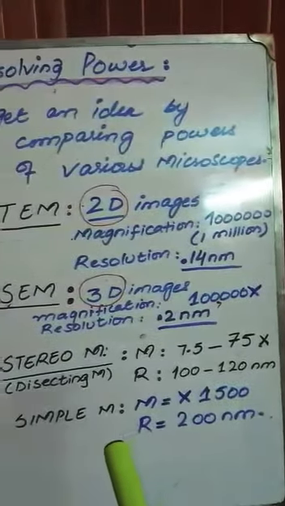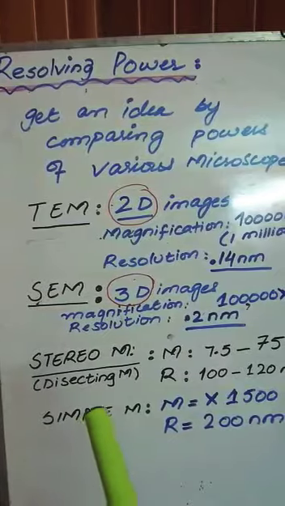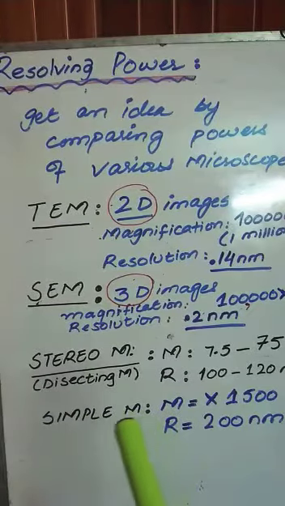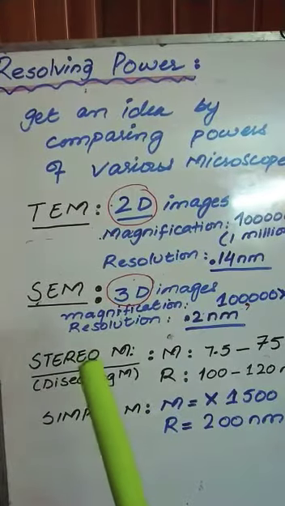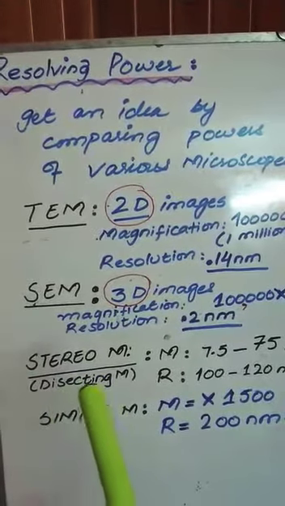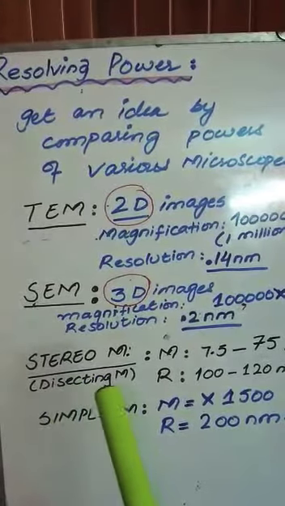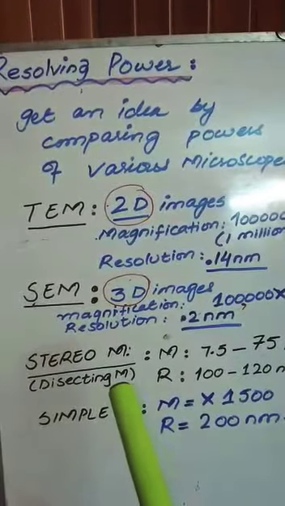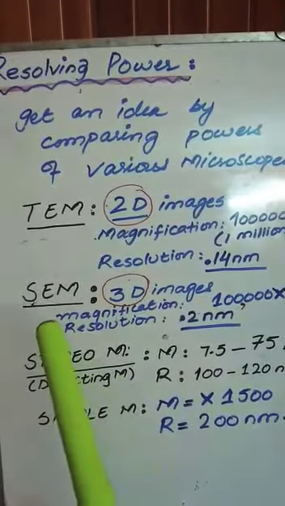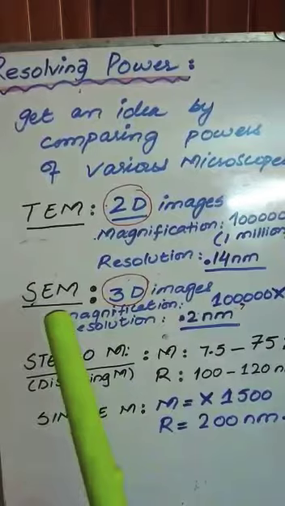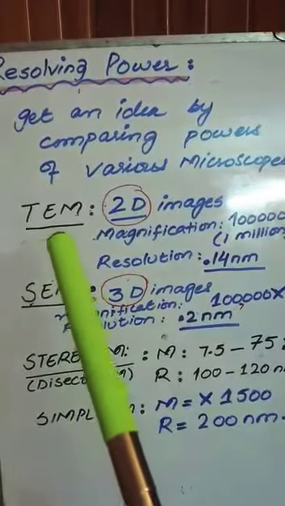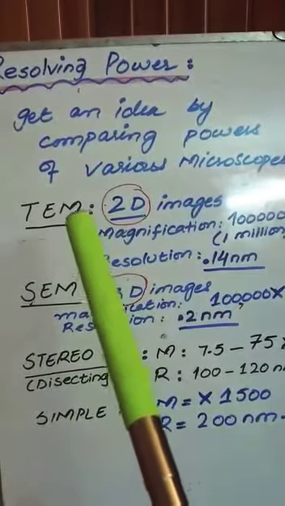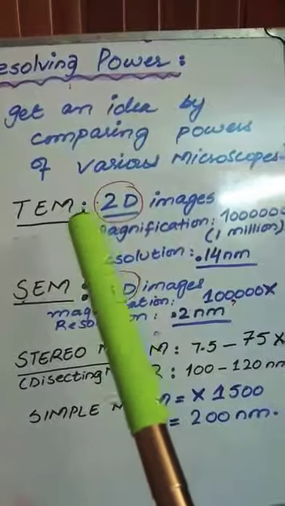So this is a very simple comparison. This is the simple one. Comparatively, this is better. This is normally called the dissecting microscope because it is used in labs for dissection. Then there is the SEM, and the highly advanced one is the TEM, the most powerful microscope.